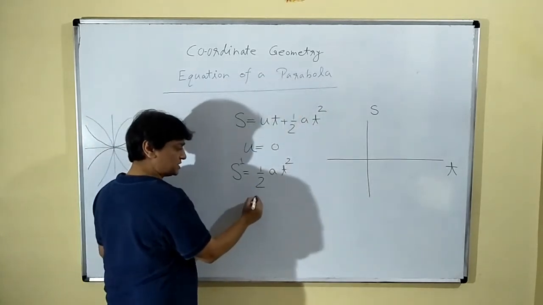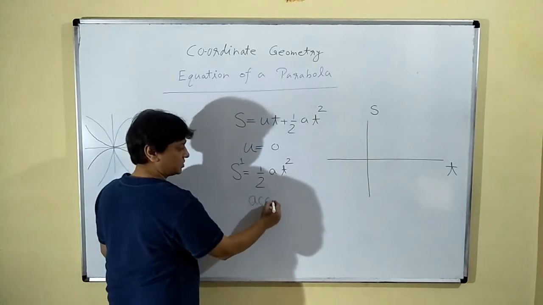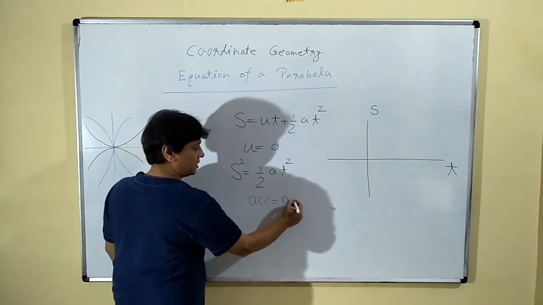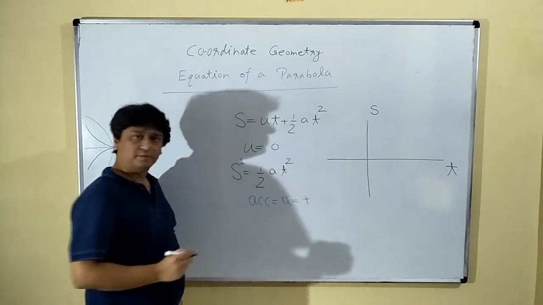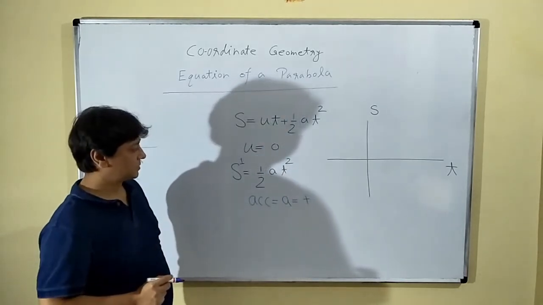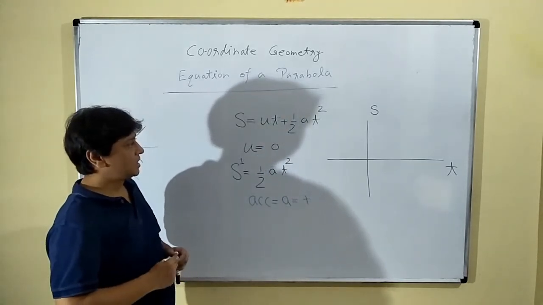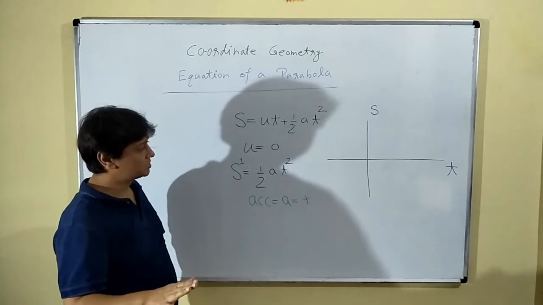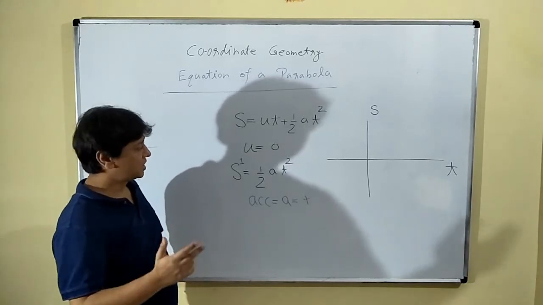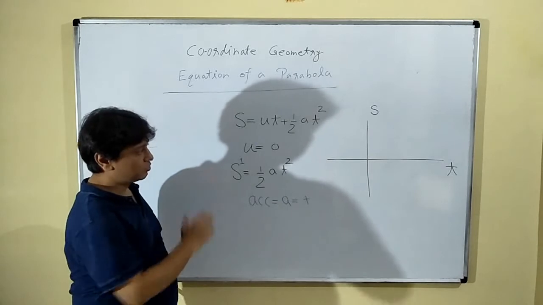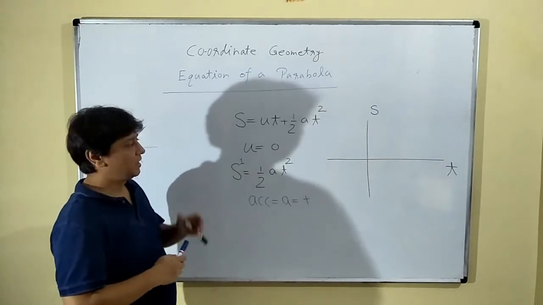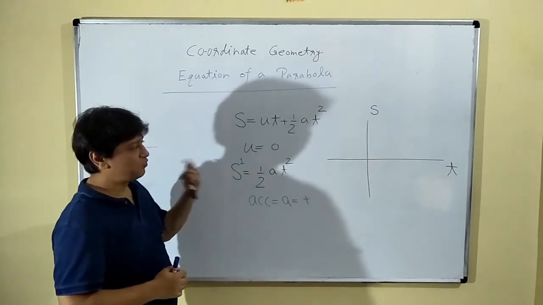And we are also considering that acceleration, which is a, is positive. Now, इस स्टेज पर आप वीडियो को पॉज करेंगे एंड पॉज करने के बाद ड्रॉ दिस ग्राफ एंड देन कम बैक and verify the whole thing.